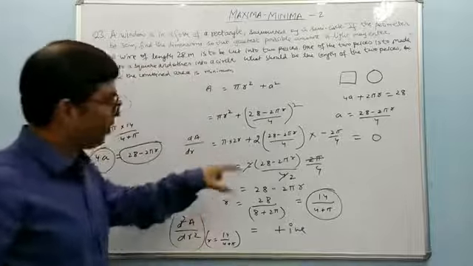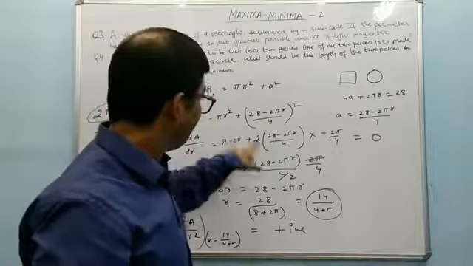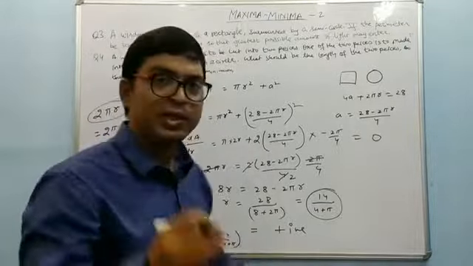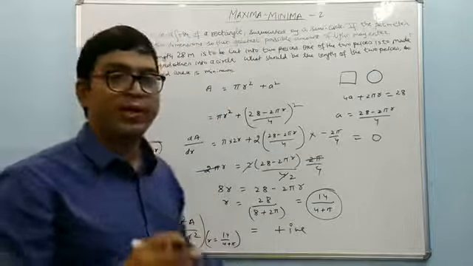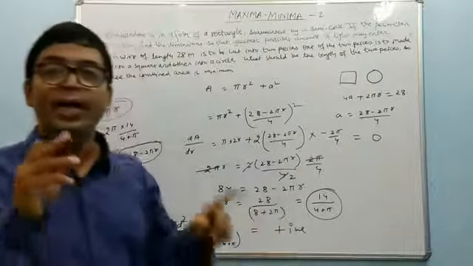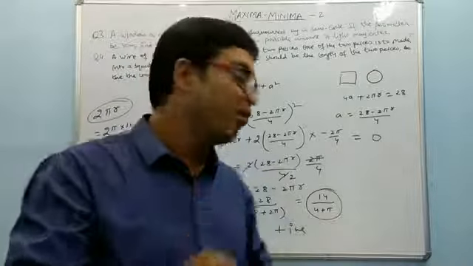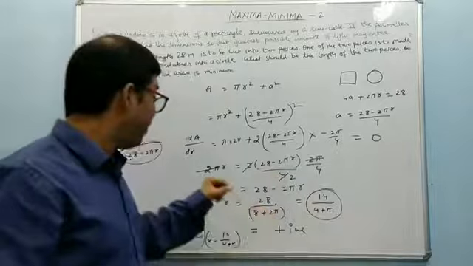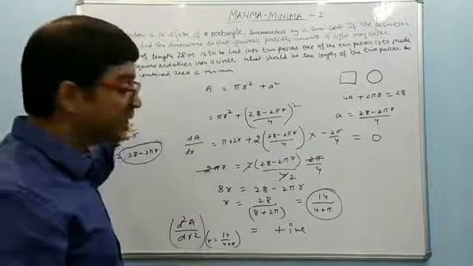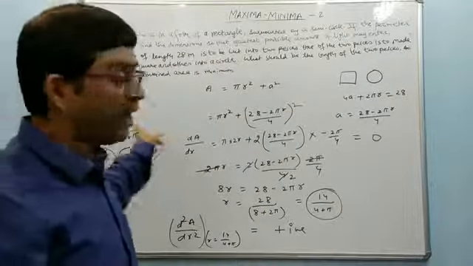You just double differentiate, put r equal to this value, and the result will be positive. Once d square A by dr square is positive, that means A is minimum when r is this value. So we got the minimum value of the pieces on putting the value of r like this.